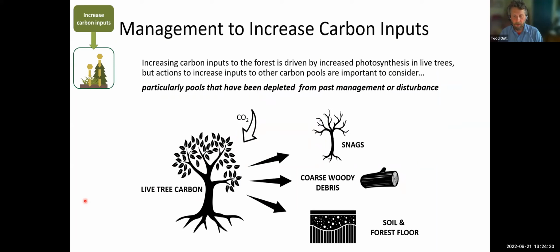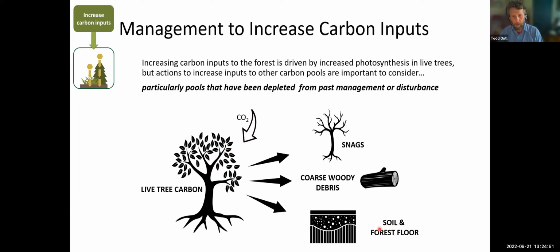That's particularly true in forest systems where some of these other carbon pools might have been depleted from past management or from disturbance. So we not only want to focus on this CO2 flowing into the live tree, but recognize that carbon flows through ecosystems, and so that carbon eventually ends up in these pools as well.